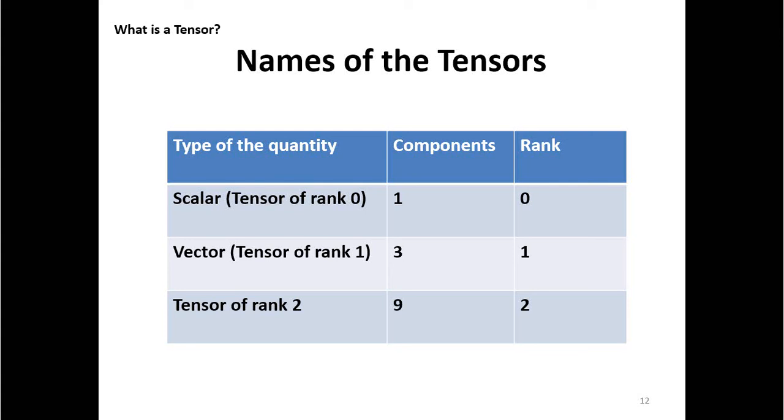So we have now understood that a tensor is a physical quantity which has varying components in different dimensions. A tensor of rank 0 is called a scalar, a tensor of rank 1 is called a vector, and a tensor of rank 2 is called a tensor of rank 2. It has no specific name.